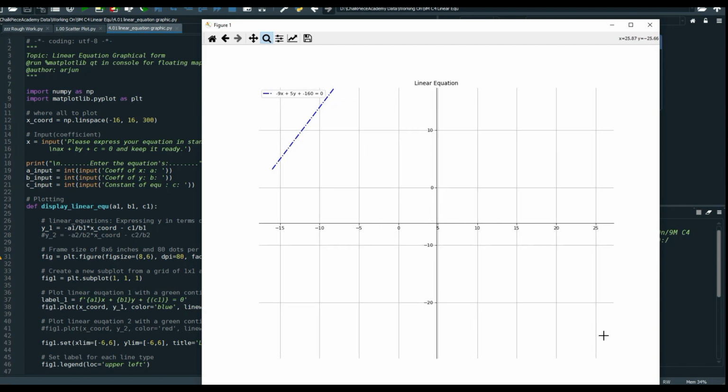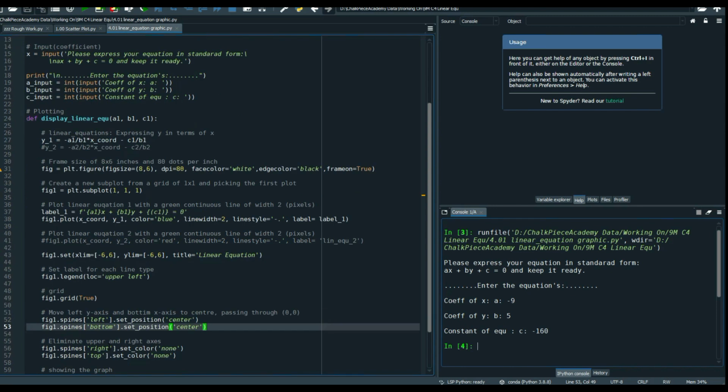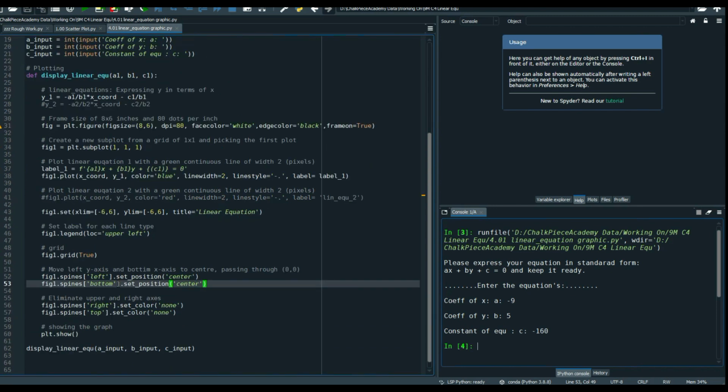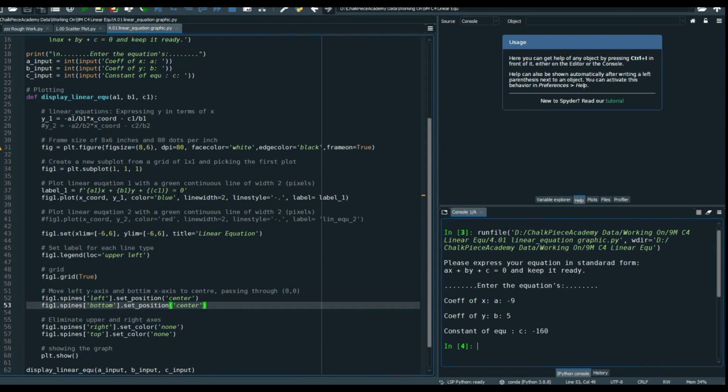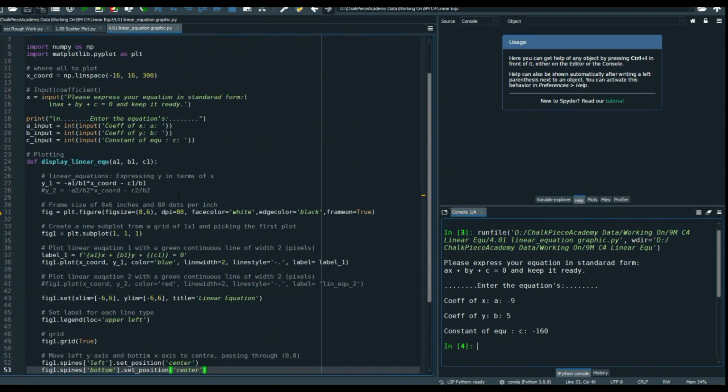Okay, still zooming out. So I limited the generation to, just a second. Where is it? Oh yeah.